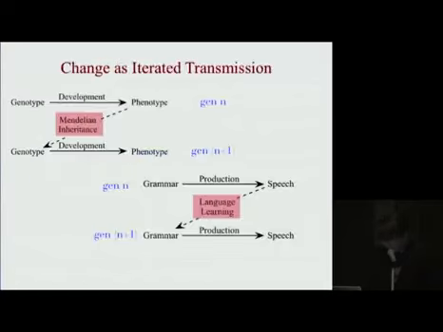This is a very familiar picture that guides the intuition to study the parallels between biological change and language change. I won't dwell on this. You have a grammar, you talk, and that's the input to the next generation, and you learn, and then you go on.